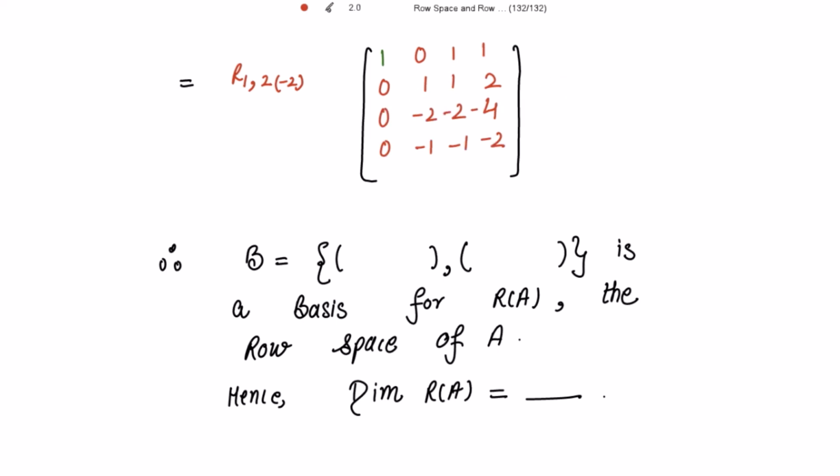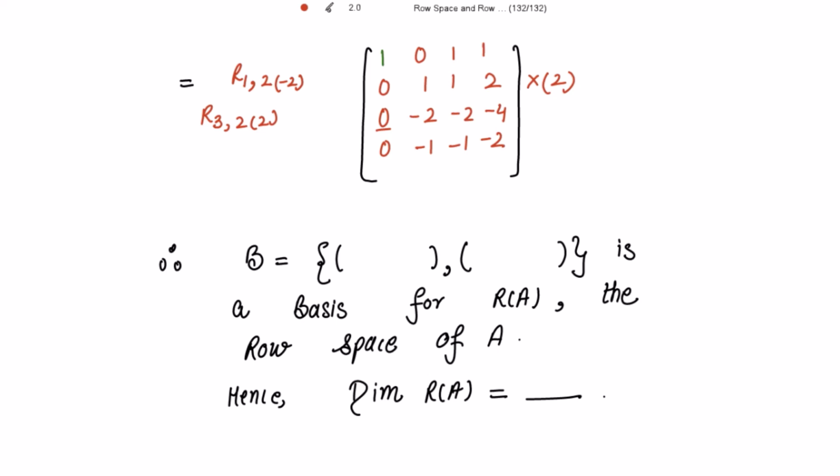Now we are required to make this 2 as 0. For that, we need to change row 3 by adding the elements of row 3 with the elements of row 2. But the elements of row 2 should be multiplied with, yes, 2 only. Multiplying 0 with 2, we get 0, and adding this to 0, we get 0.